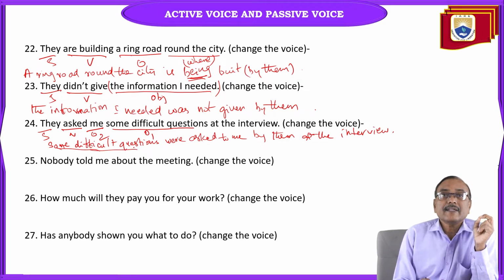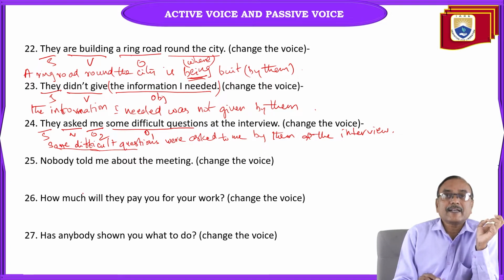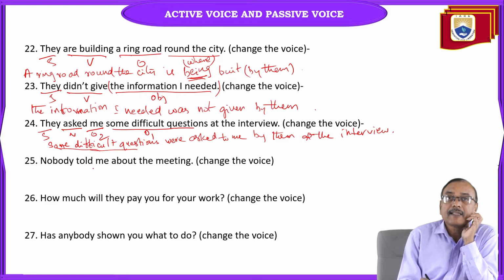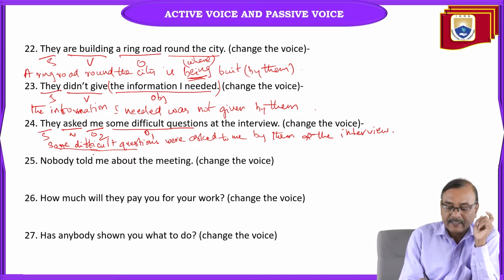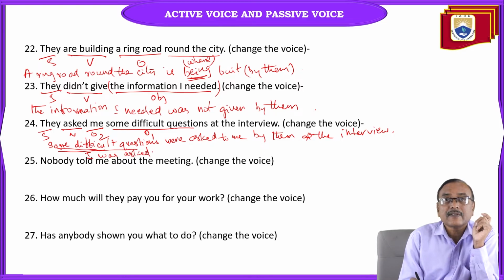Even with the help of indirect object, this me also, you can start another sentence in passive voice. So here, instead of some difficult questions, you can begin with I was asked. I was asked what?